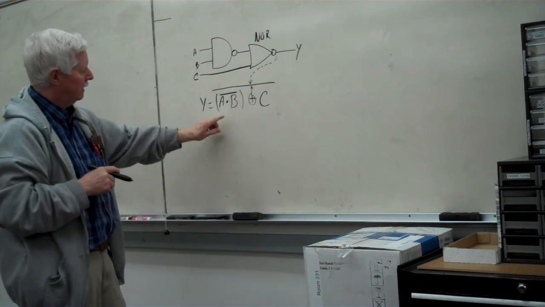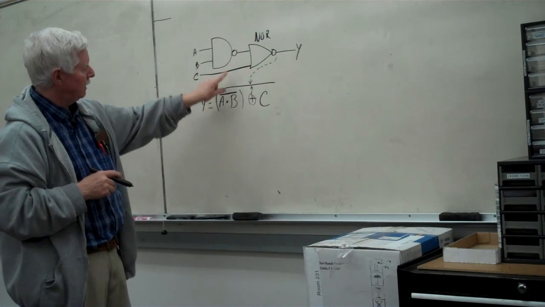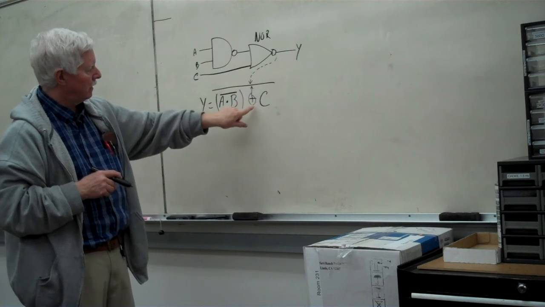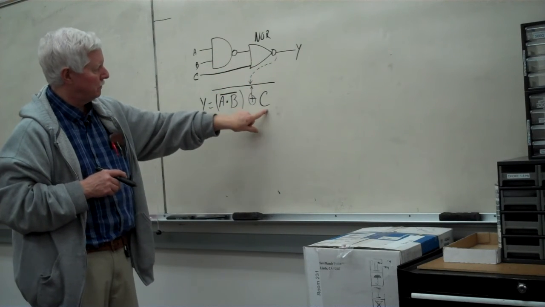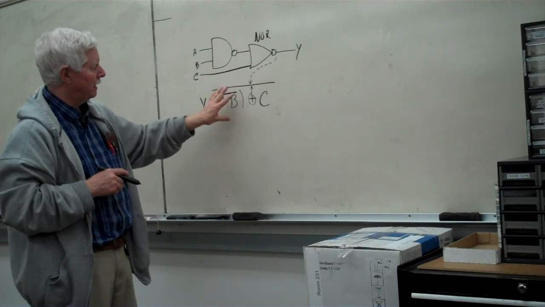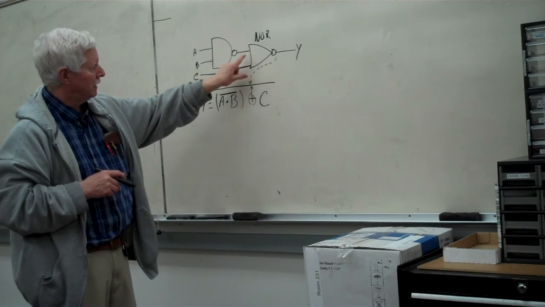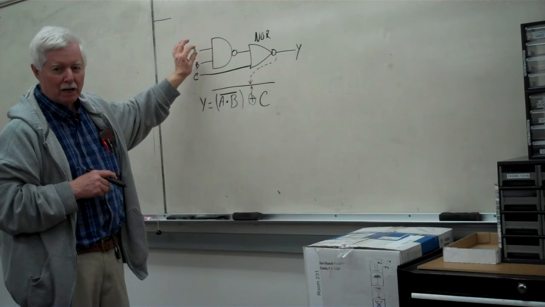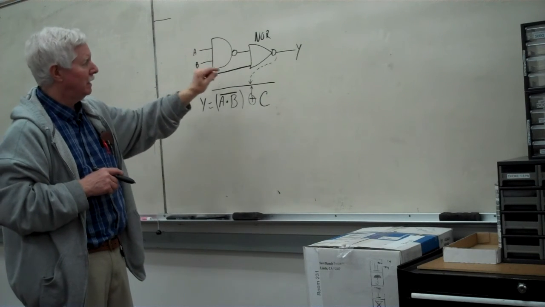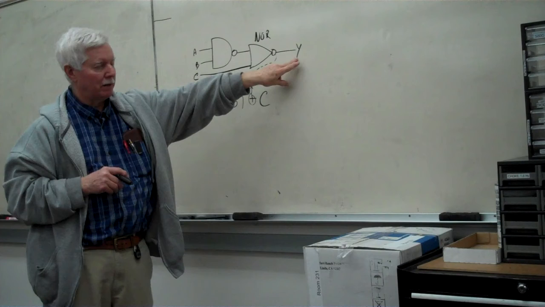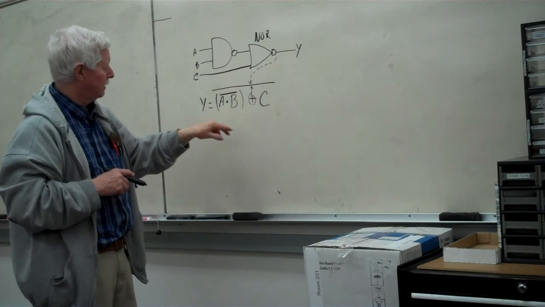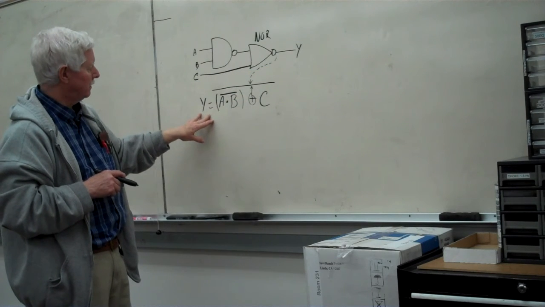Now we're looking at a 2-input NAND gate, which is this part. We're now going to still NOR this with variable C. It looks exactly like this. NAND gate, NOR gate, and everything is accounted for on the inputs A, B, and C. They all derive all the way out to just one output Y. That's exactly how you would write this.